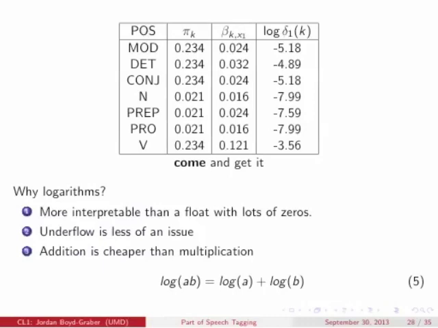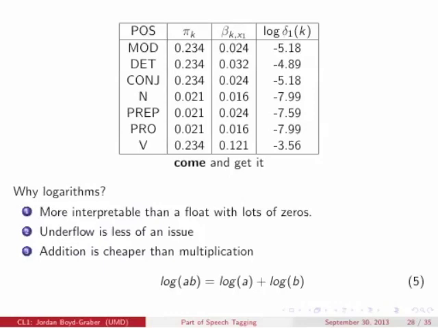In terms of computer representation, it also makes it a little more convenient because underflow is less of an issue, and addition is cheaper than multiplication. We can just add these logarithms instead of multiplying the probabilities because log of a times b is equal to the log of a plus the log of b. So we can add the logs of our probabilities rather than multiplying them.